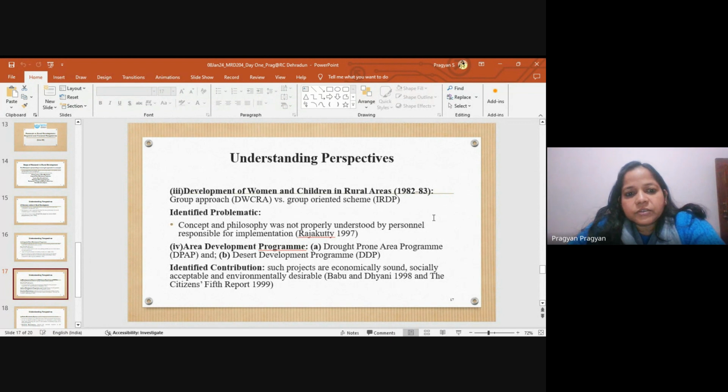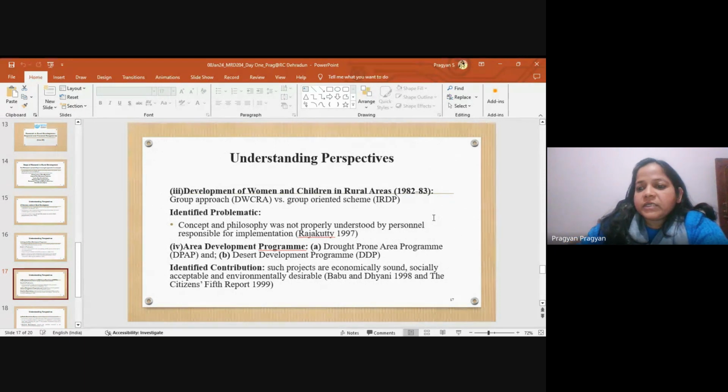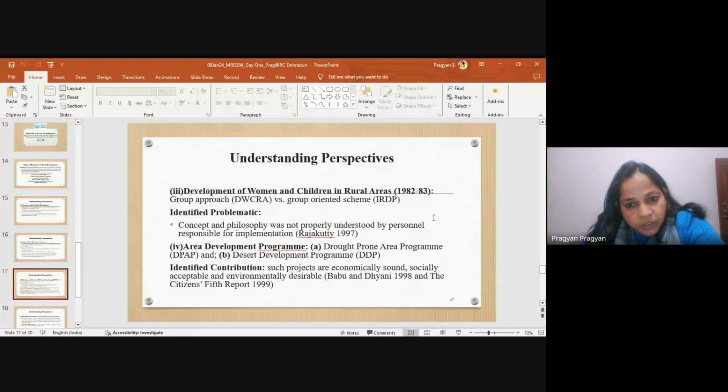Then there are also other schemes like DWCRA, that is development of women and children in rural areas. That means they started focusing on different categories of beneficiaries. Women have different approaches towards their activities and their responsibilities in families of rural areas, and children have different kinds of needs.